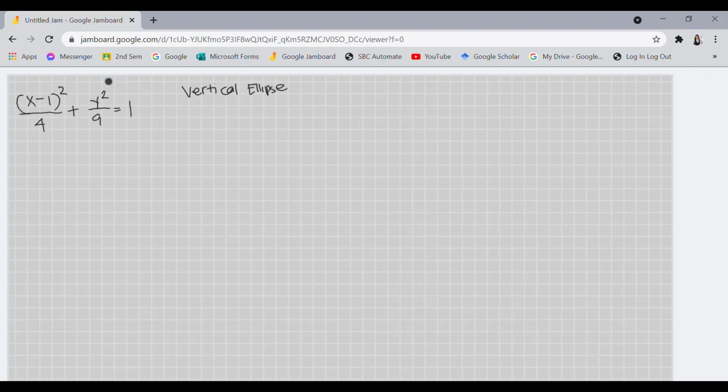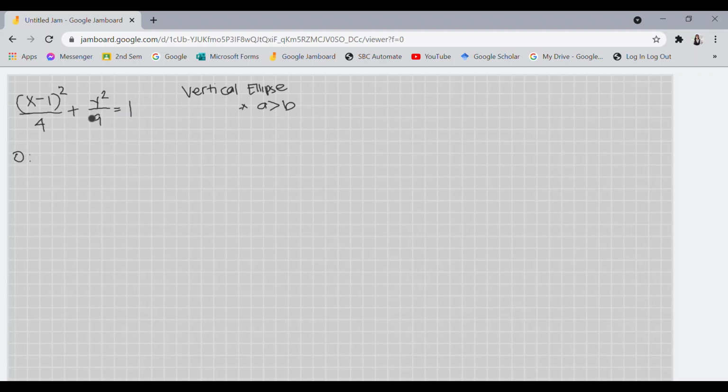Now, to identify the orientation, you have to remember that in an ellipse, a is greater than b. Okay? So, for the denominators, since the denominators are a squared and b squared, the bigger number will serve as your a squared.